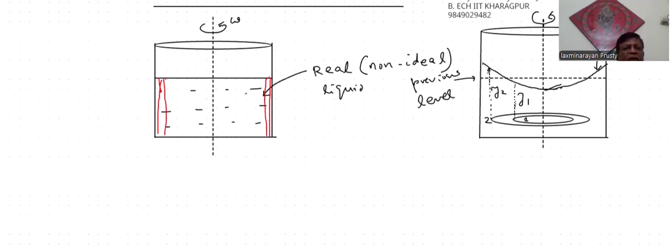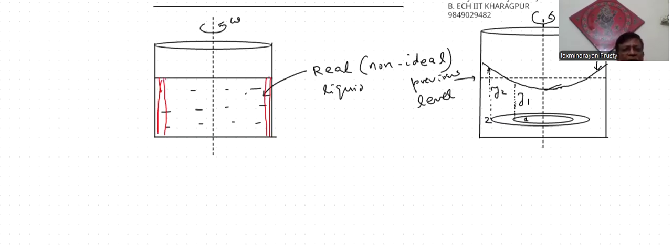None of them will be set into rotation because there is no tangential force, meaning no viscous force acting on any of them. The last layer, the touching layer, cannot drag the second layer, there's no viscous force. The second layer cannot drag the third layer, no viscous force. Yes or no?